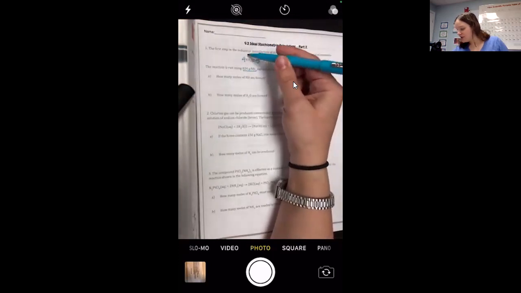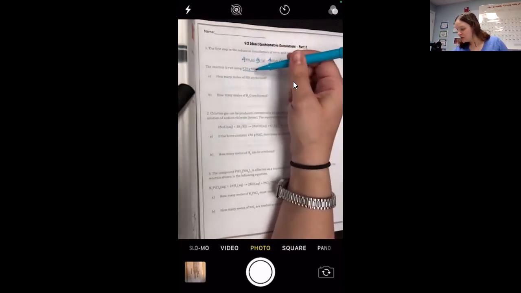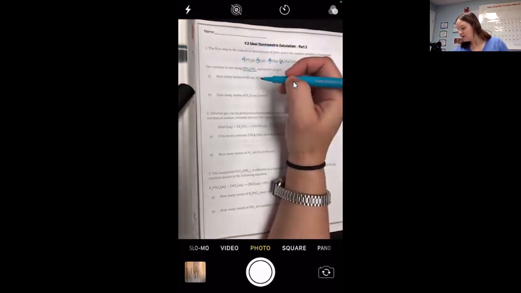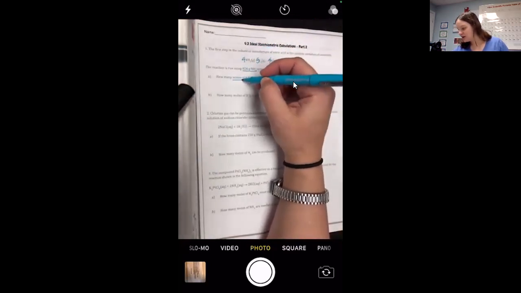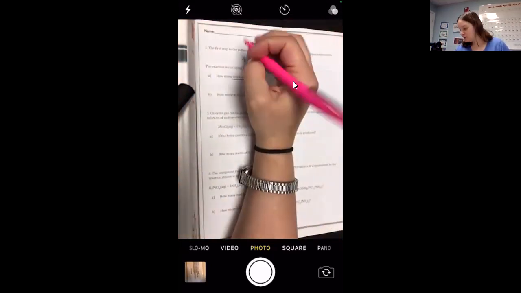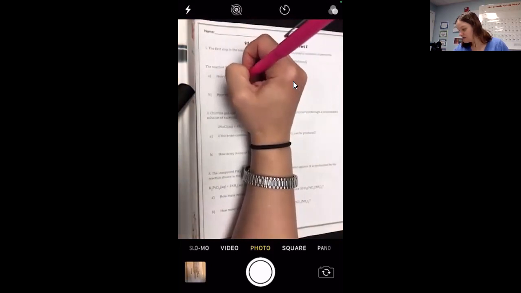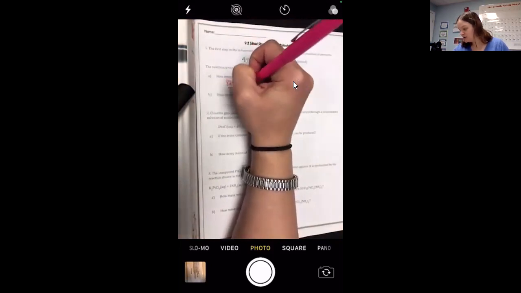So we start off with a mass of ammonia. We start with 824 grams of ammonia. And for this one, the first thing I want to find is the moles of nitric oxide or nitrogen monoxide. So I'm first going to start with my 824 grams of NH3.